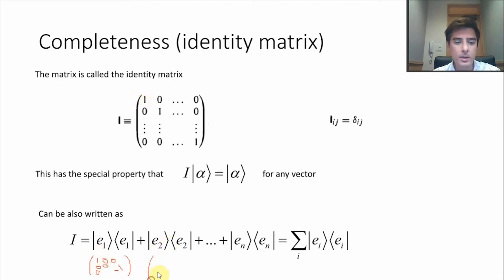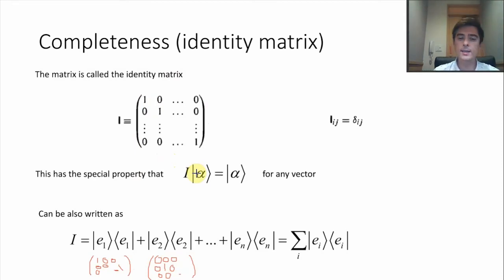This would be the matrix corresponding to the 1 in the second spot: the first diagonal entry is 0, the second diagonal entry is 1, and everywhere else is 0. Obviously if you add all these together, you'll end up with this matrix. So this is another way of writing the identity matrix.